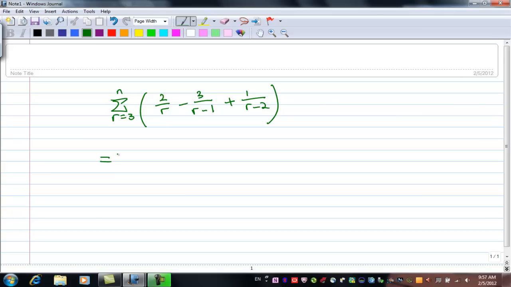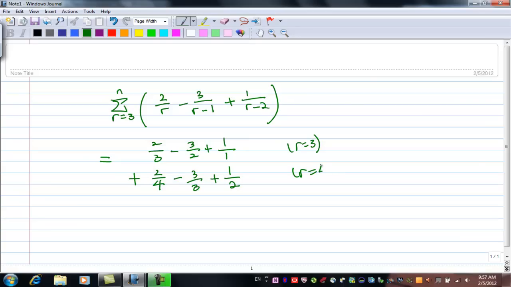So basically we are going to start with r equals 3. With some simple substitution, I'm going to have 2 over 3 minus 3 over 2 plus 1 over 1. This is for r equals 3. Next, I have to plus, remember this plus, this one is important, the row for r equals 4, which is 2 over 4 minus 3 over 3 plus 1 over 2.